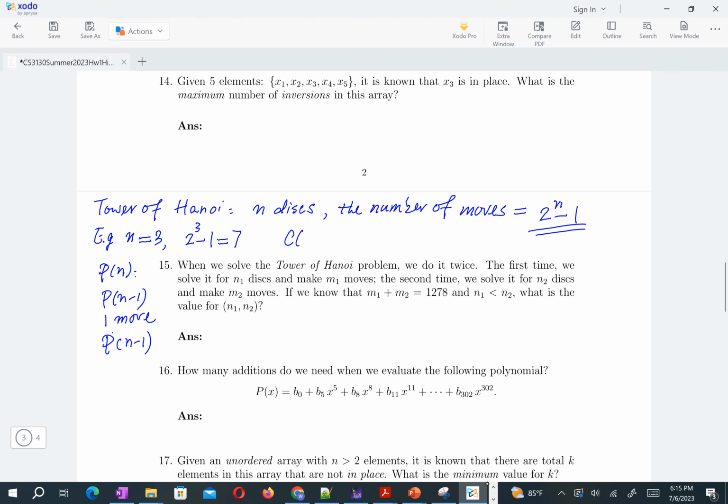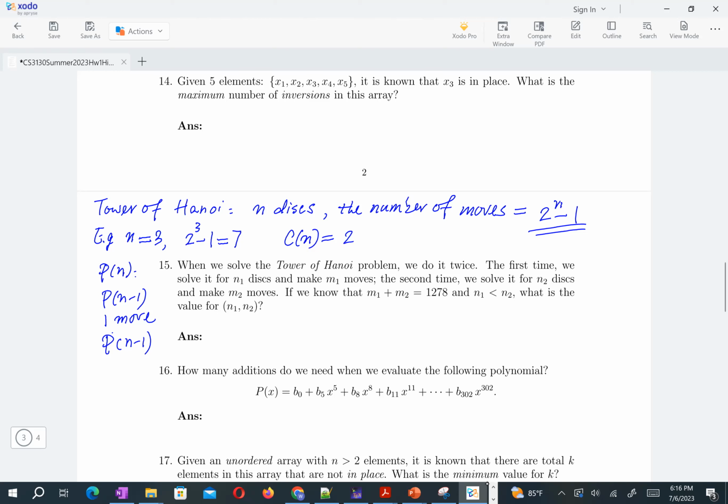Let's count the number of moves for n disks, the C of n function. In order to get C of n, we need to do the n minus 1 disk problem twice.